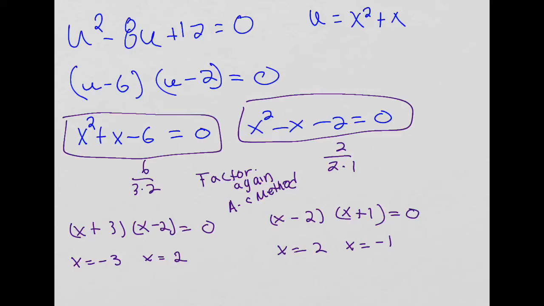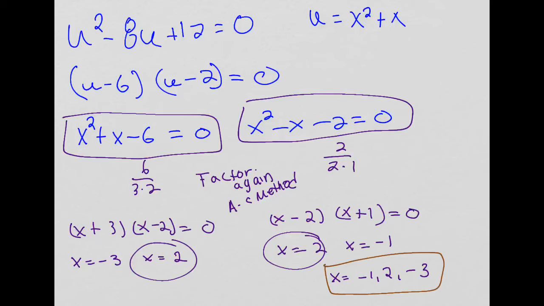So my answers to this quadratic are x equals negative 1, 2, and negative 3. I don't need to write 2 again because it repeats, so writing it one time is fine. This is my solution for this quadratic that I solved using substitution.